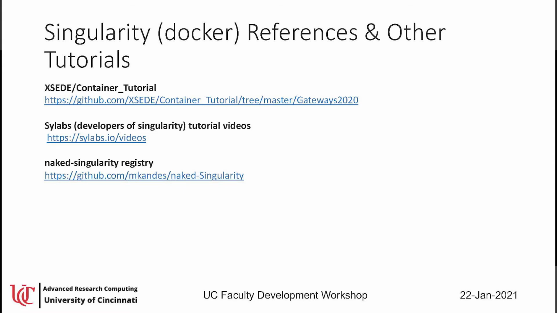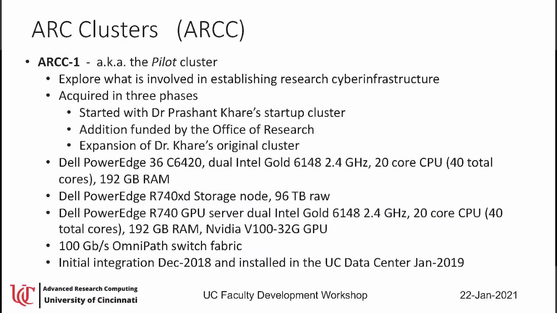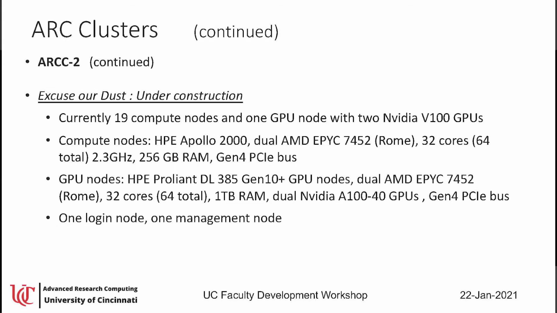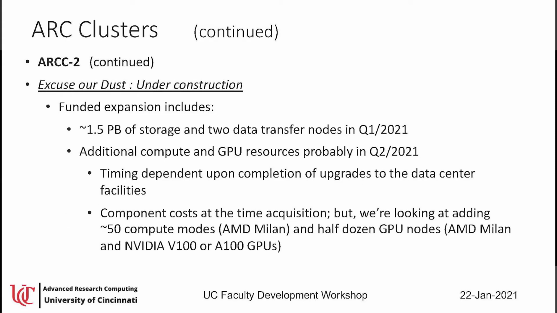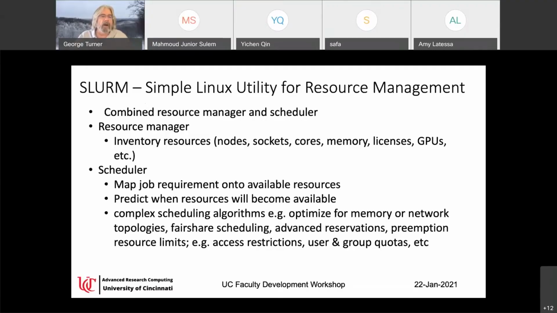And I believe from here on out, this is just a history of the ARC clusters and what we have here. If you read this over and have questions, Slurm is the way we control and manage the cluster. So a resource manager essentially just takes an inventory of what resources are out there, what jobs people want to use, and matches them up using a scheduler.